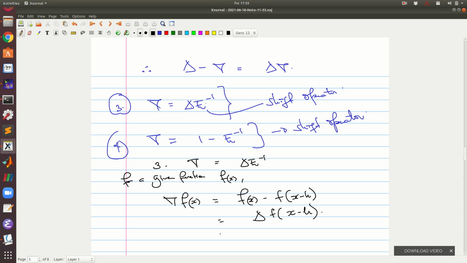So we know this is now forward, and then by definition this is the inverse shift of f of x. So it follows that the backward difference is equal to the forward difference times the shift.